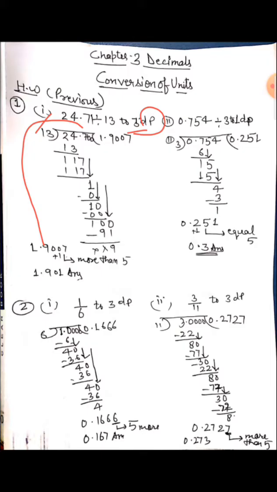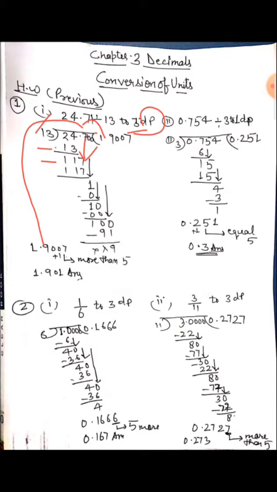If they are asking for 3, we find the answer up to 4 decimal places. So 13 ones are 13, and after subtraction from 24 we get 11. Then we write down the 7, now we have 117, and here is a point, so we put the point in the quotient.